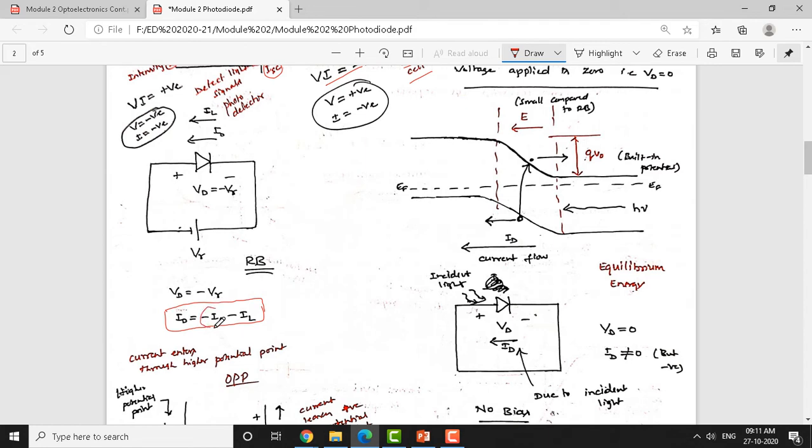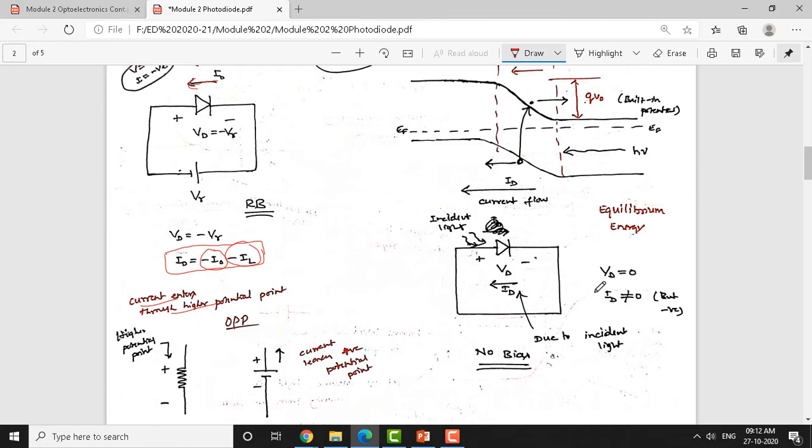I naught is the reverse saturation current, and minus IL is in the same direction, as you can see from the direction of the current here. Both are in the same direction, so they get added up. Current enters through the higher potential here, a topic we will take up later. So this is the total current flowing in the photodiode when photons fall on the diode.